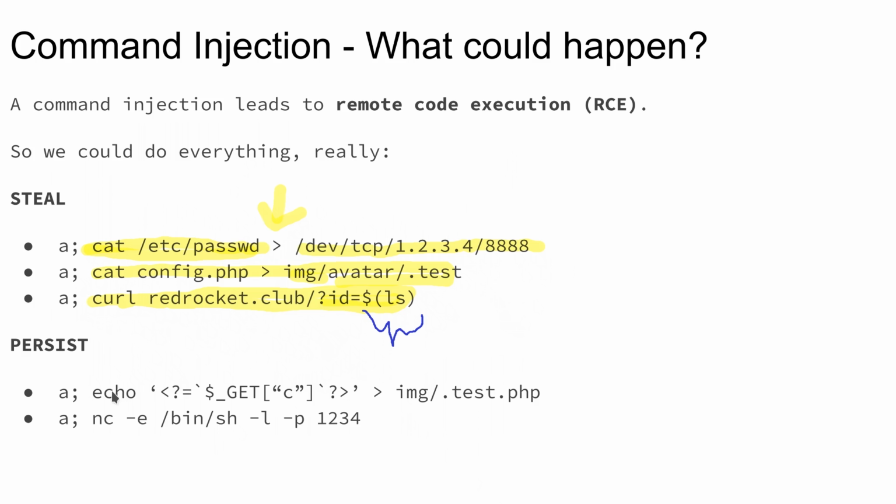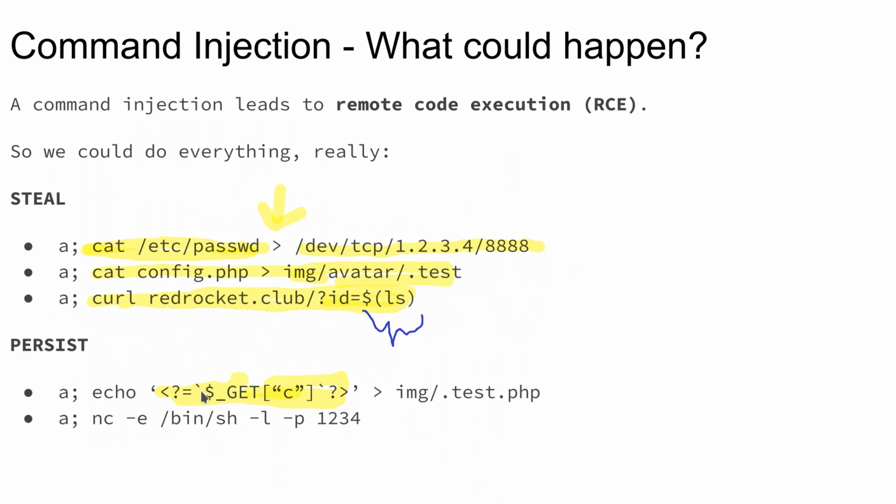We could of course also persist our remote code execution, that is, find a way to make it easier for us to work interactively with the shell, for example. We could do that by creating a web shell. This PHP code here takes the GET parameter c and then just executes it on a command line.